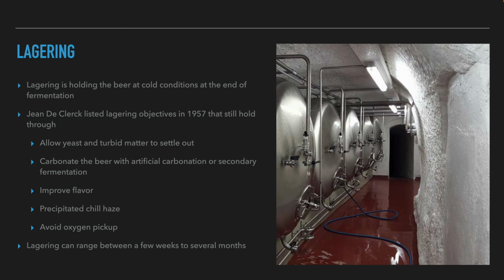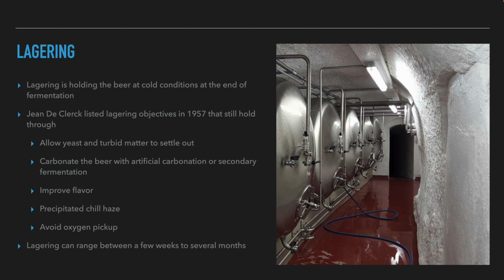The last topic we will talk about today is lagering. Lagering means to keep the beer at low temperatures after fermentation. The legendary beer scientist from Belgium, Jean de Klerk, defined 6 goals for lagering in 1957. The first is to allow for better clarification of the beer.